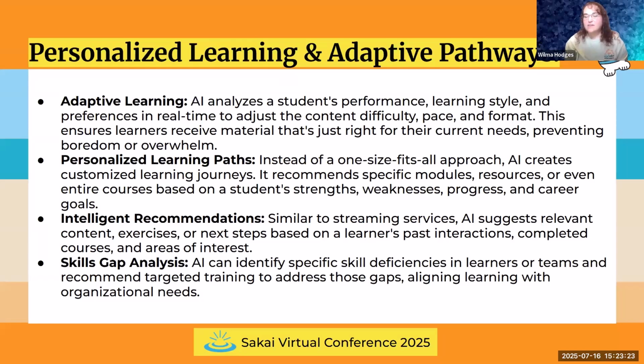So there's maybe custom journeys through the content. There may be intelligent recommendations, things like Amazon and Netflix, and they know what kind of content you like, and they try to serve up things that are similar to other interests. So there's that kind of intelligent recommendation type of AI enhancement.